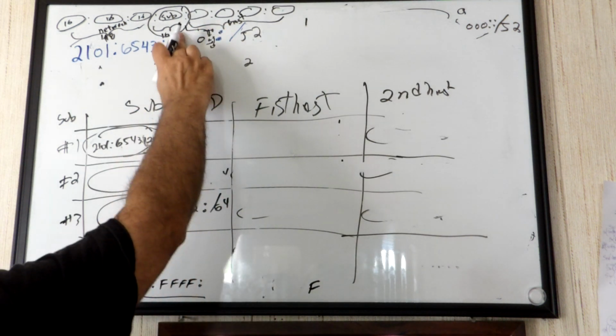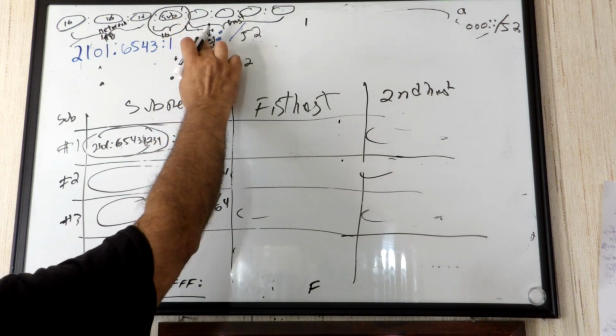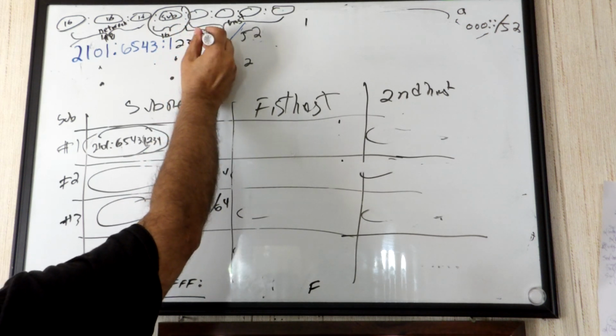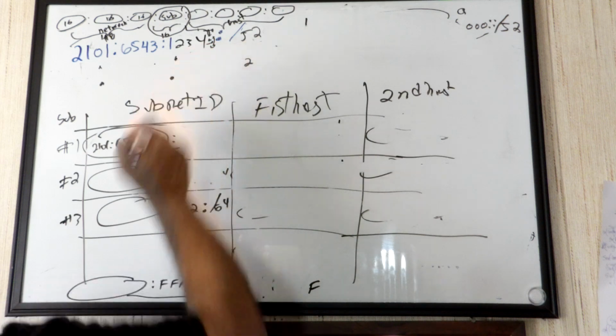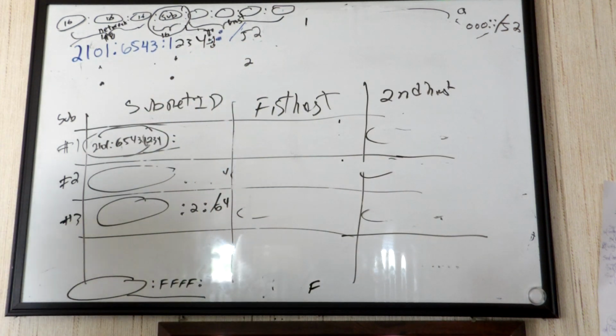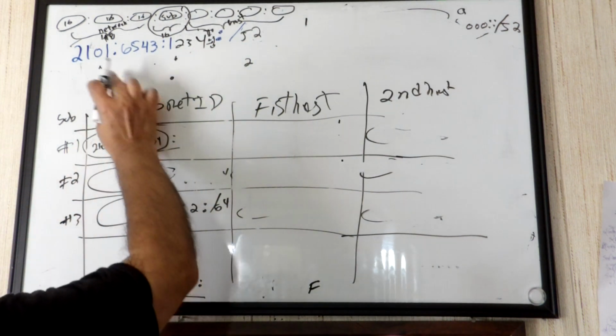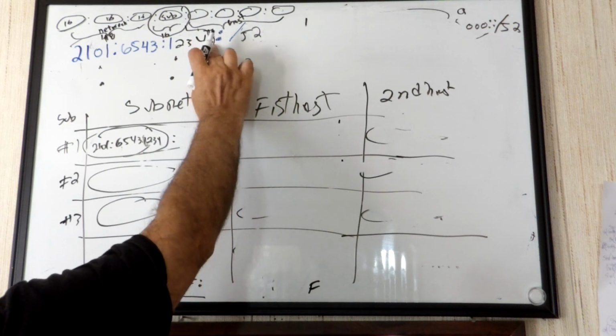So I'm sorry, this is 1, 2, 3, 4. We are going to talk about this one when we talk about the subnet.